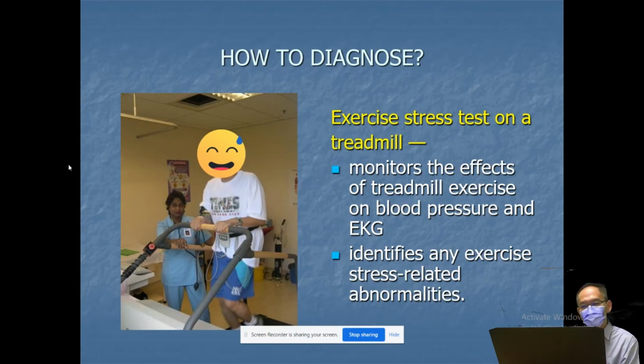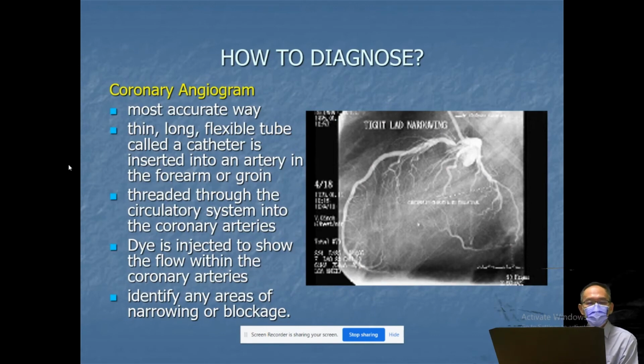This is the exercise stress test. And of course, the gold standard will be the coronary artery angiogram, where the cardiologist will inject a certain dye into the body and into the coronary artery to see any blockage. During the procedure, the cardiologist will be able to identify it and use a balloon to dilate it and put in a stent, treating at the same time.